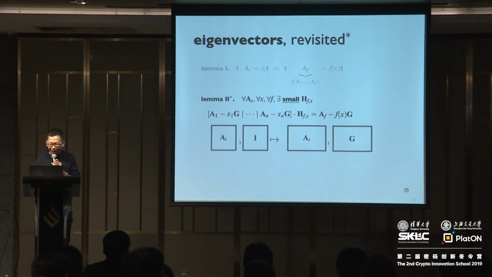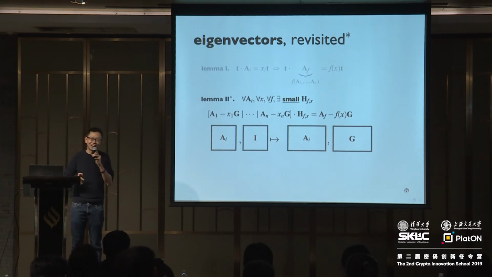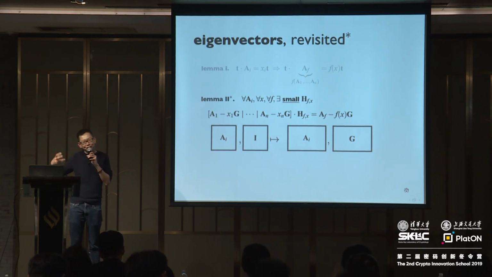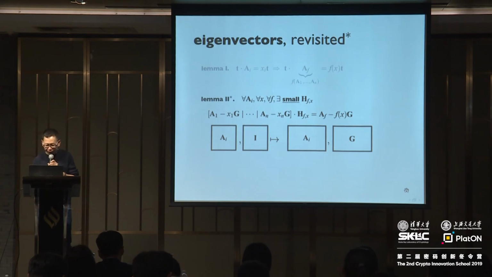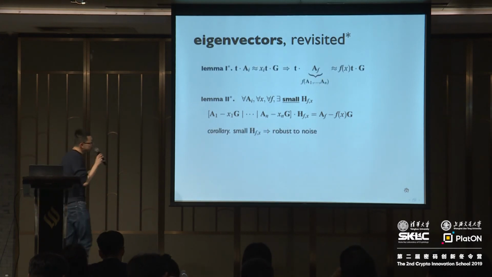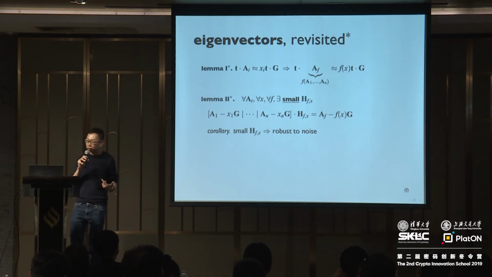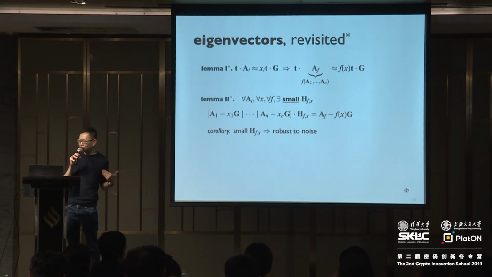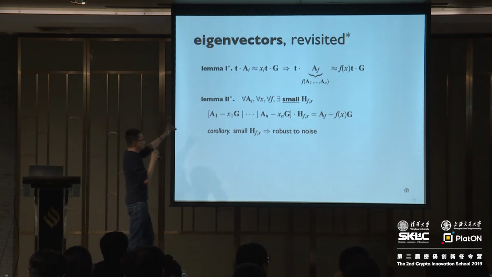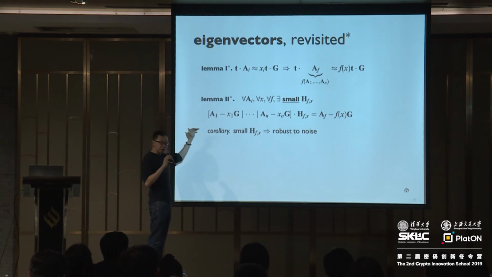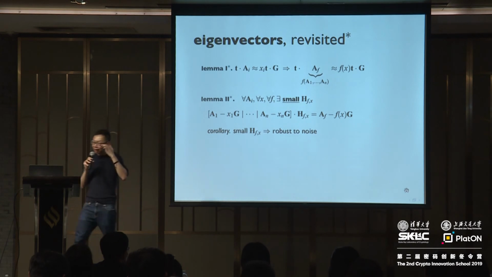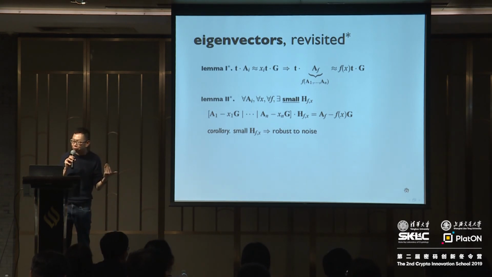Before I prove this statement, let me try to convince you that it is interesting. The main reason why this statement is more useful is that H is small, which means that it's robust to noise, robust to small values. In particular, a corollary of this statement is a noisy version of lemma 1.